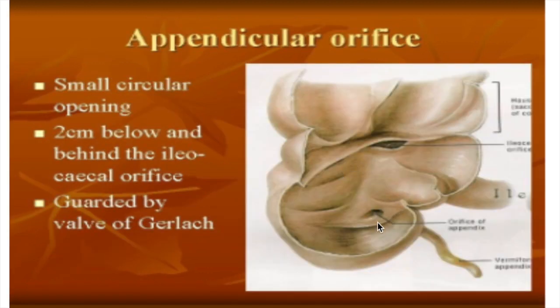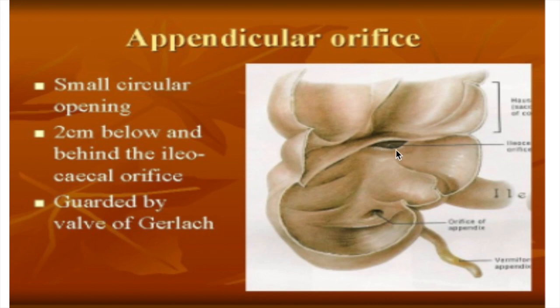Next, we'll see the appendicular orifice. Similar to the ileocecal orifice, the appendix is also opened on the posteromedial wall of the cecum. This is also an interior view after reflecting the anterior wall of the cecum. You can see this is the ileocecal orifice, which is guarded by a valve with two lips.